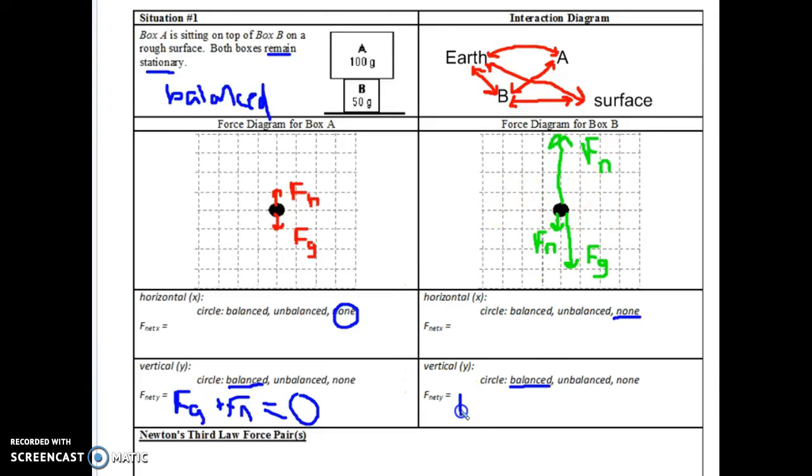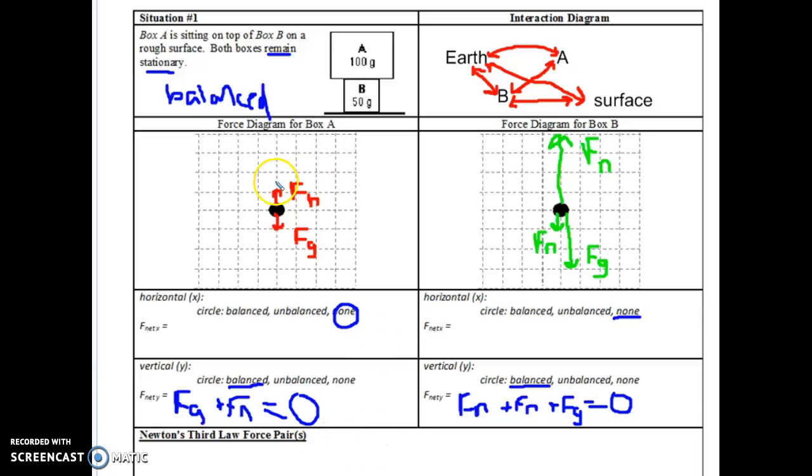So I'm going to have Fn plus my other Fn plus Fg. And if I've got positive 4 boxes plus negative 1 box plus negative 3 boxes, that gives me a net force of 0.